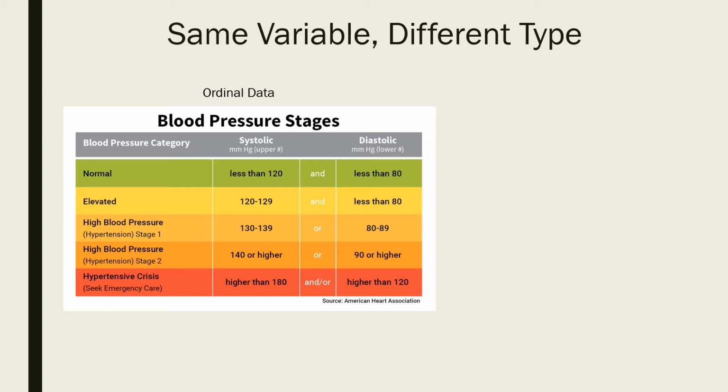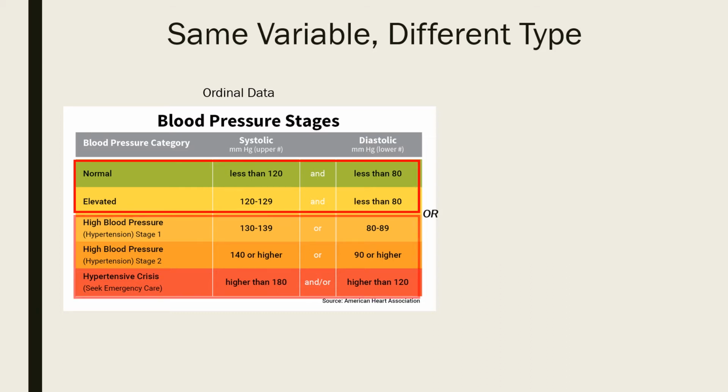But let's say you're really just interested in normal and elevated versus someone who has high blood pressure. So now maybe you change the variables to yes and no, or 1 and 0. Yes, they have high blood pressure, or no, they don't.